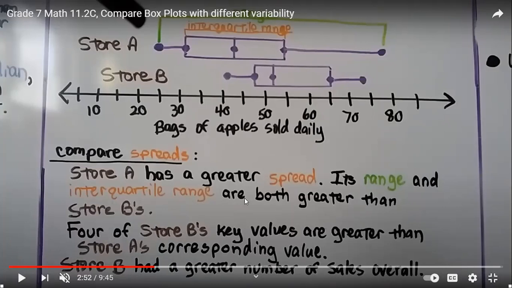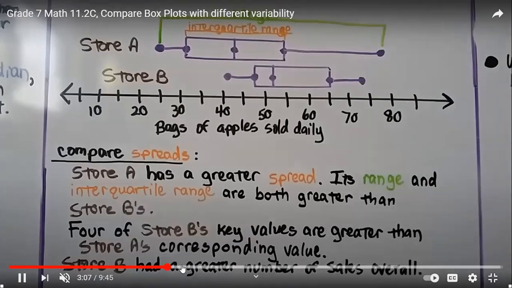So store A has a greater spread. Its range and interquartile range are both greater than store B's, right? If you calculate the range and the interquartile range for store A, both will be greater than in the second store. For store B, the key values are greater than store A's corresponding values. So store B had a greater number of sales overlaps.